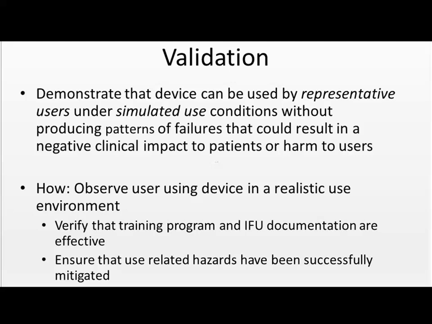As part of that, you verify that a training program, if you have a training program, and the IFU, information for use documentation, are effective. You also ensure that use-related hazards have been successfully mitigated before you start the validation.